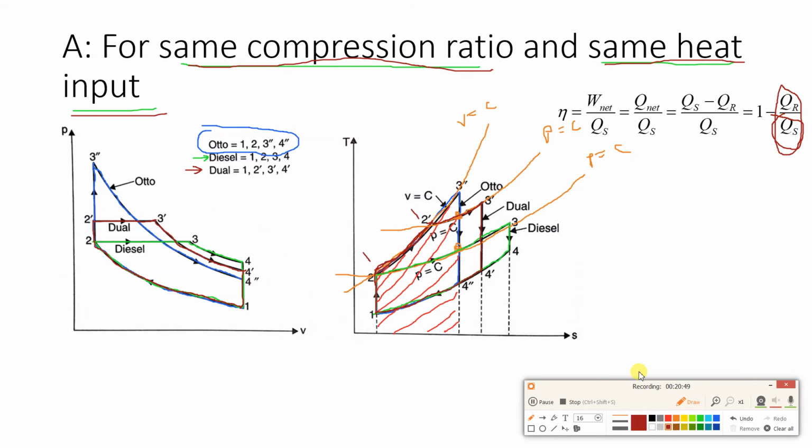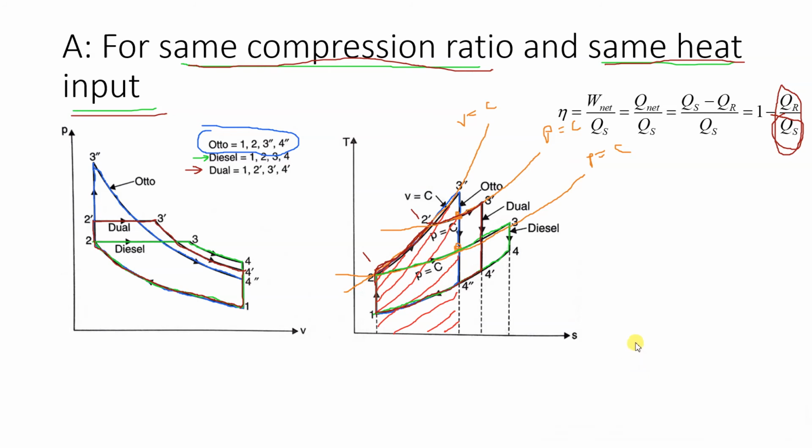Now if you see the diagram over here, in which case is heat rejection the smallest? If you consider the heat rejection in case of the Otto cycle, it is 4-1. So 4-1 is heat rejection. What will the heat rejection be on the TH diagram? It is the area under the curve. So here you can see it will be this small area.